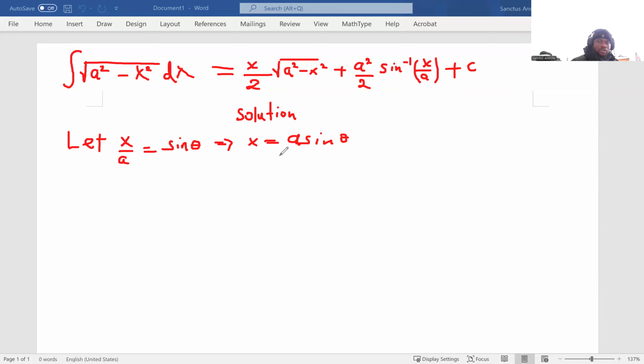All right, so we're going to differentiate this. Therefore, we differentiate x with respect to theta. We have dx d theta, and this will be a cos theta.